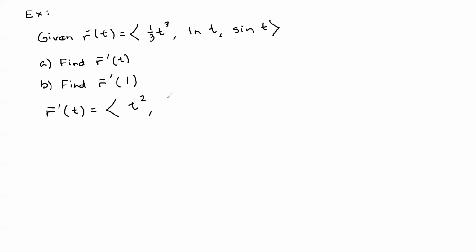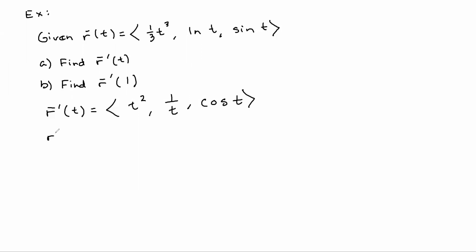The derivative of natural log t, 1 over t. The derivative of sine t is cosine t. Okay, and so there's our derivative of our vector function.